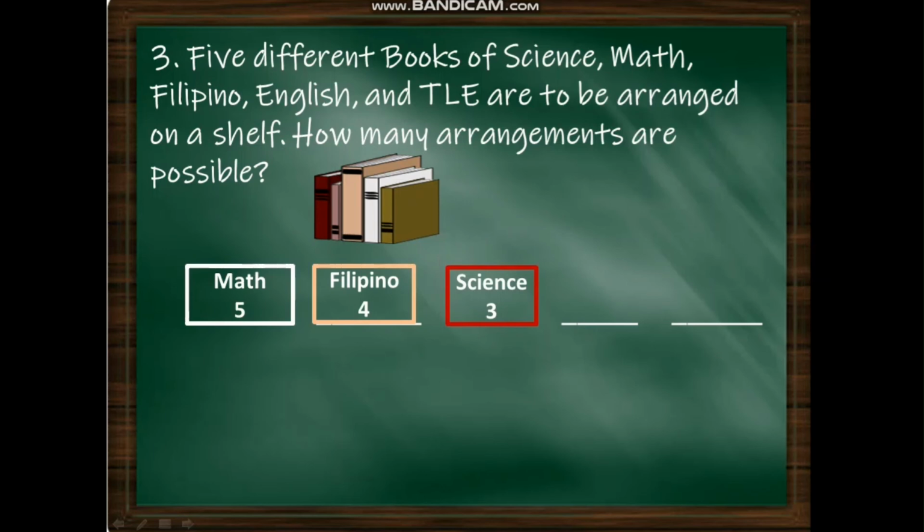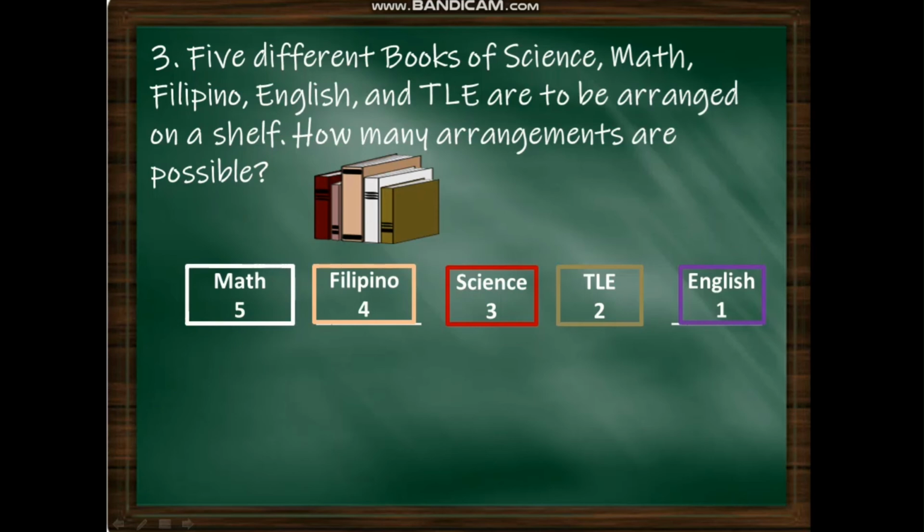Kahit anong klaseng books ay pwede po natin ilagay. What is important? Yung kanyang possible option, kung ilan po ba ang kanyang dapat. Ilan na lang natitira? Ilan na lang yung books? So, 2 na lang. So, I have TLE for 2 options. Of course, wala na po tayong magagawa for the last book, which is equivalent to the English is 1. So, ang gagawin lamang po natin, since bawat isang aklat ay merong possible option, we will just multiply the number of their possible outcomes.